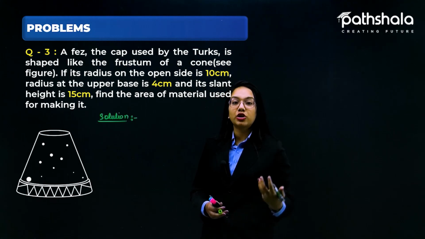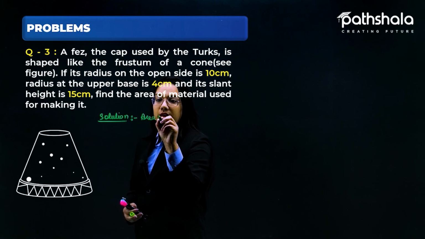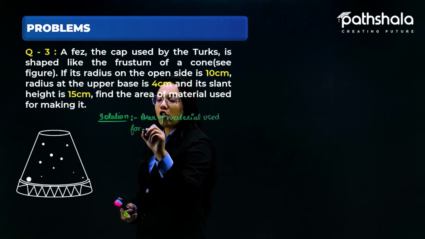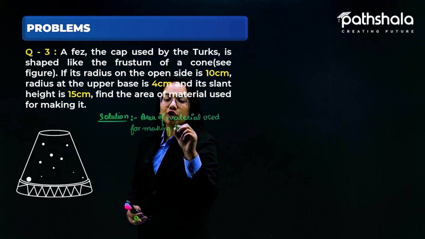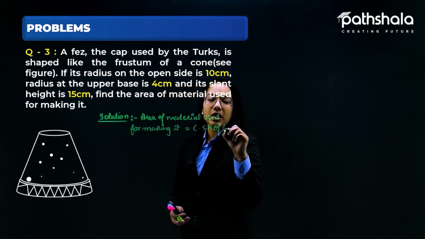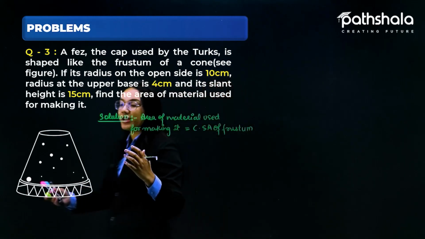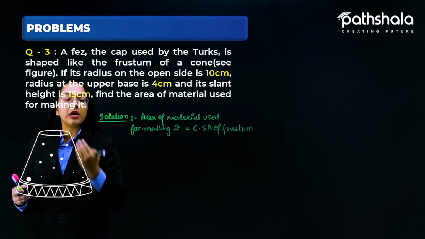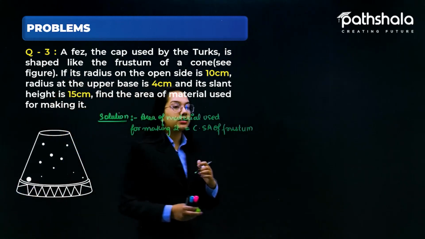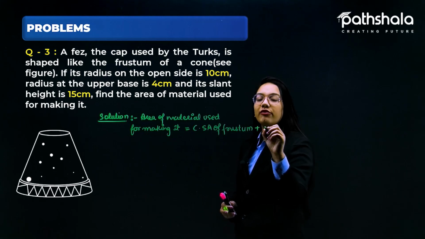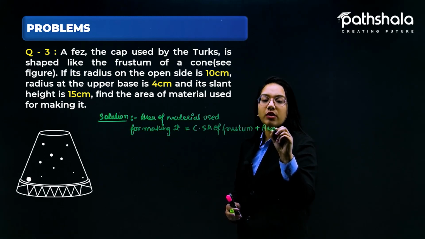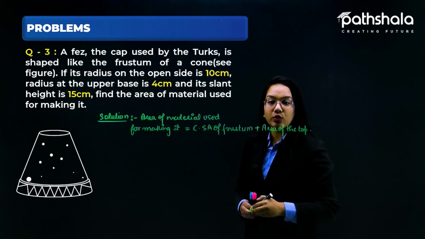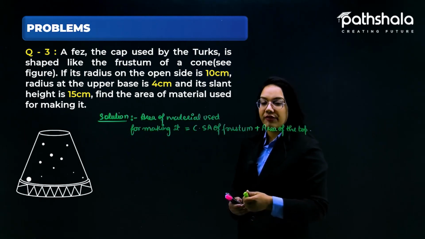So the area of the material used for making it is equal to the CSA of the frustum plus the area of the top, because the material is nothing but the frustum, and this end is totally open, so we have only the top area. So this is the CSA of the frustum plus the area of the top, because it has one open end.